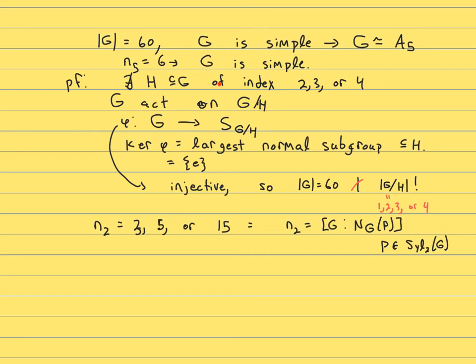And so what this calculation tells us is that 3 can't be an option because there's no subgroup of index 3. But 5 and 15 are options, and the first part of the proof is to study the case 5. So 5 says there's a subgroup of index 5.